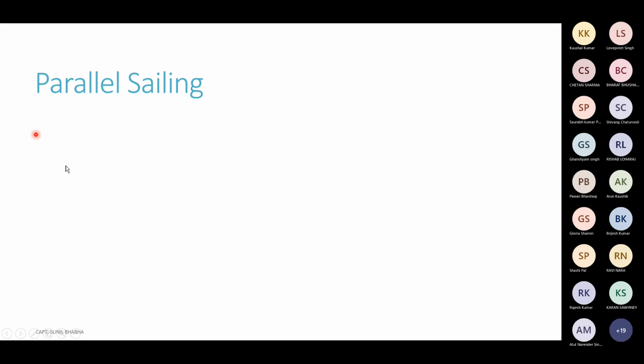You see, for a navigator, the basic and the most important thing to take the ship from one point to another point on the Earth's surface is that he should be able to prepare a passage plan. Now, for preparing or charting out a passage from the departure port to the next destination, we need to know the courses and the distances which are to be followed.